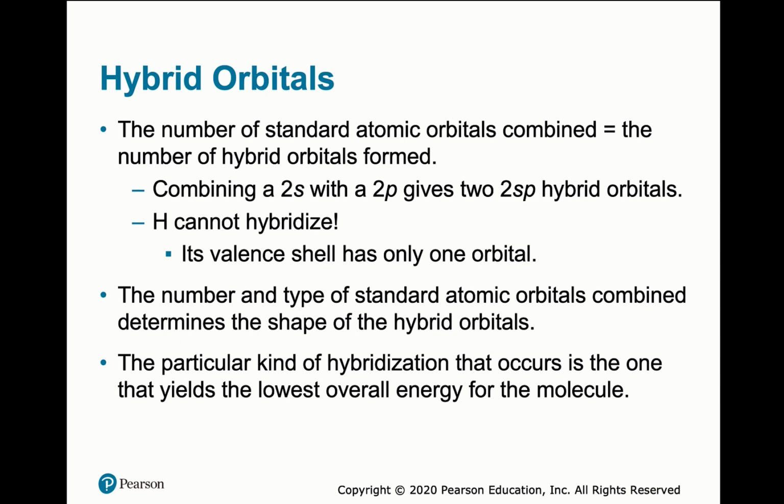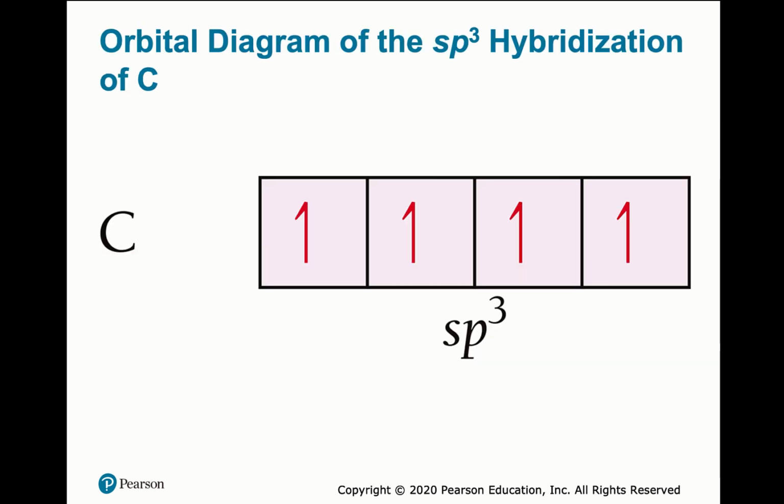So I mentioned before, hydrogen cannot hybridize, but the second period elements can have sp, sp2, and sp3. And depending on the hybridization depends on what's going around, and I'll go over the context of under which circumstances you have the hybridization. So carbon here, for instance, has 2 electrons in the 2s and 2 in the 2p's.